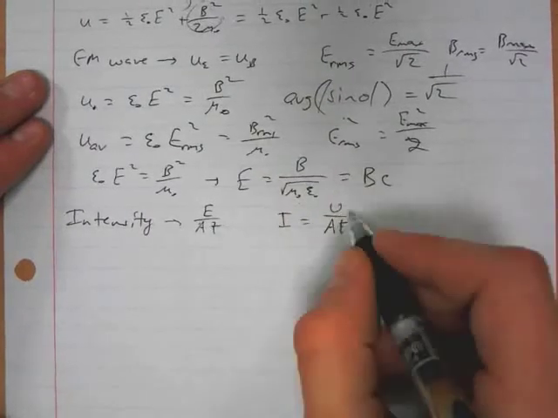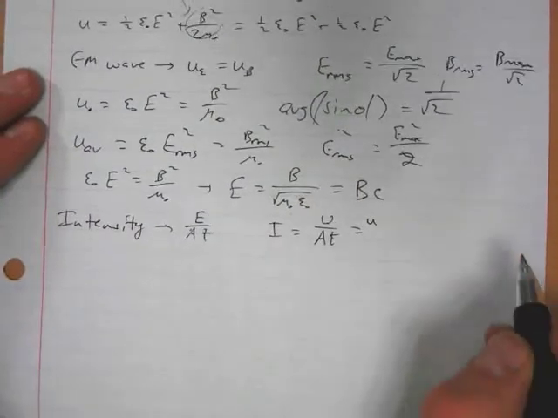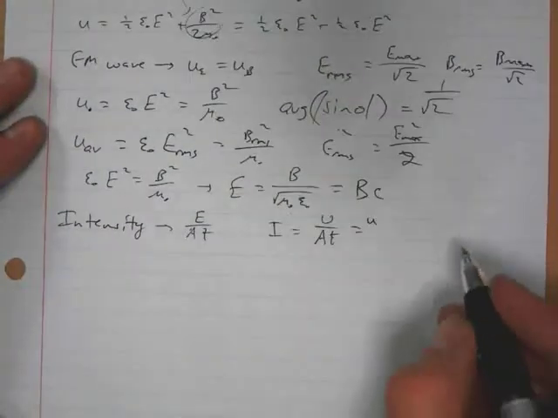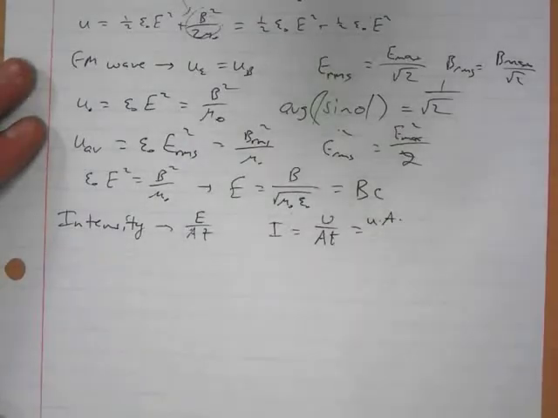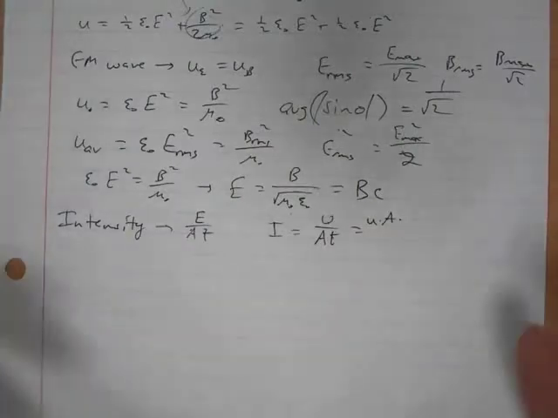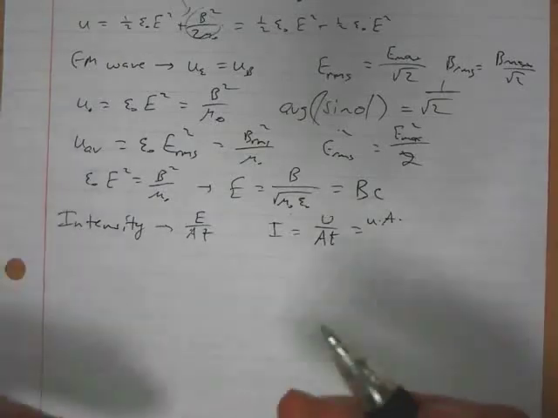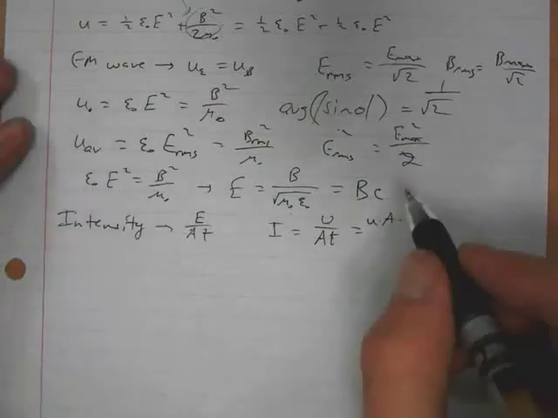And that's just equal to, the energy is equal to the energy density times the volume. And the volume is equal to an area times some length. Well, this wave is moving at the speed of light, and so the distance that it covers is equal to ct.